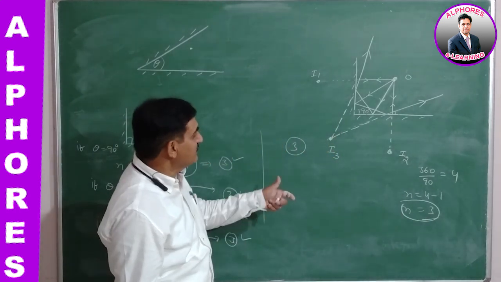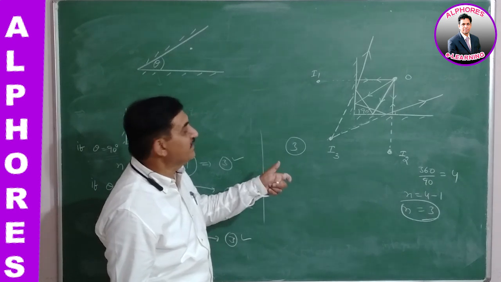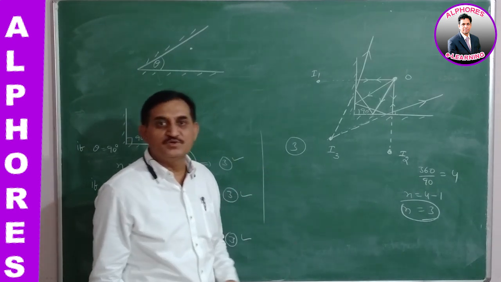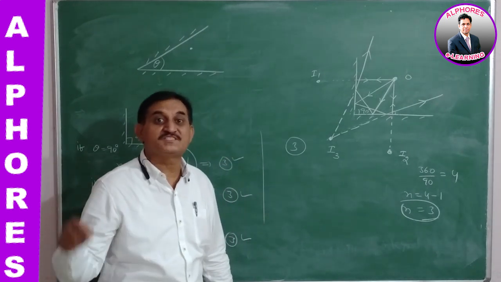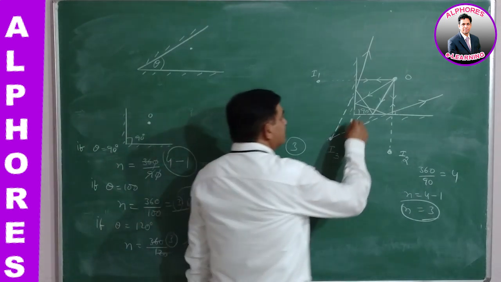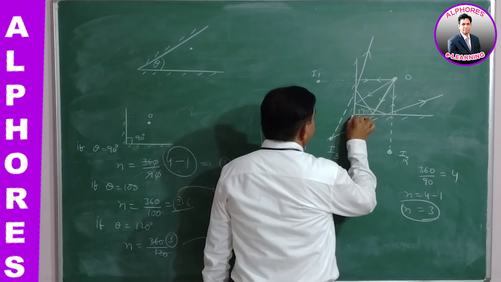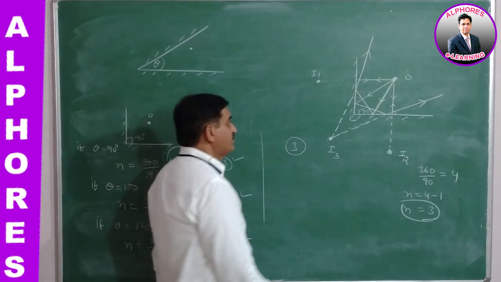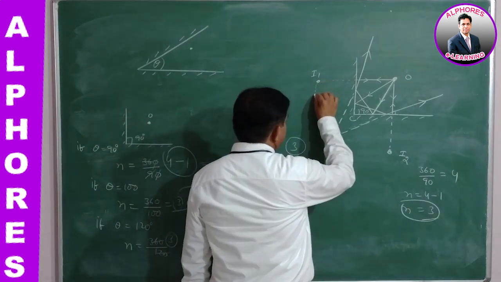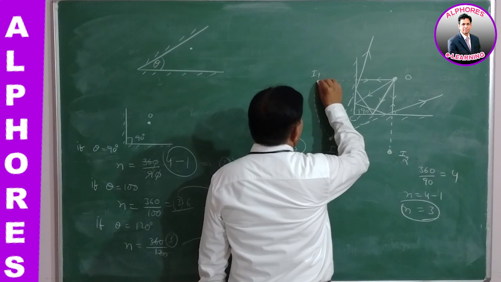These 3 images are all together formed by 2 plane mirrors which are at right angles to each other. These 3 images lie on the circumference of a circle such that the point of intersection of the two plane mirrors, C, is taken as its center. See, this is a circle.